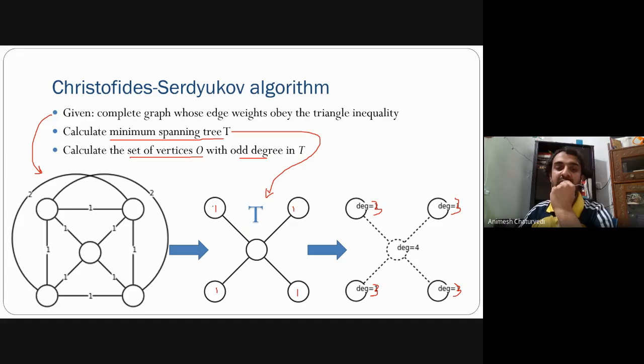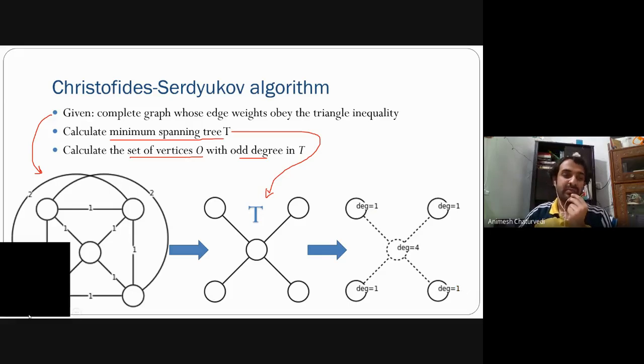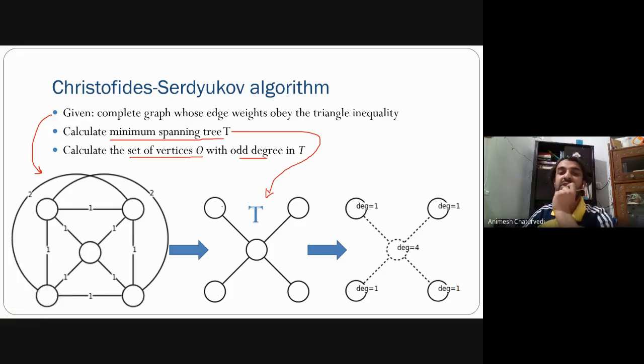So from this minimum spanning tree, you generate the degrees.